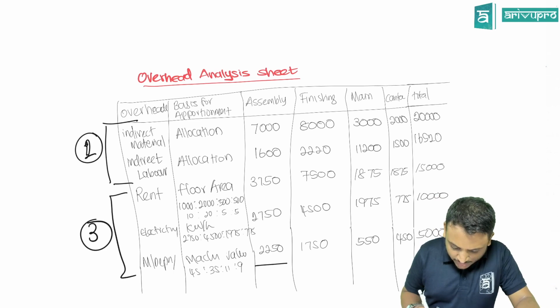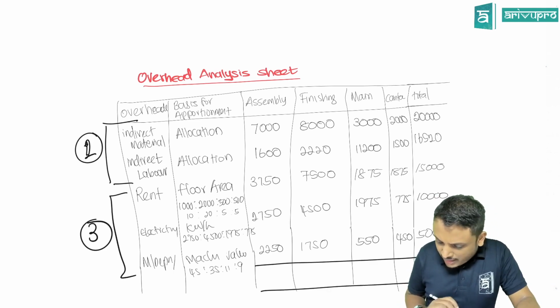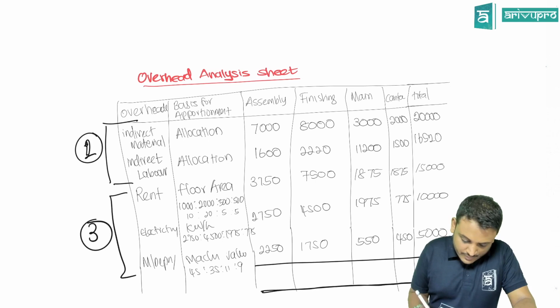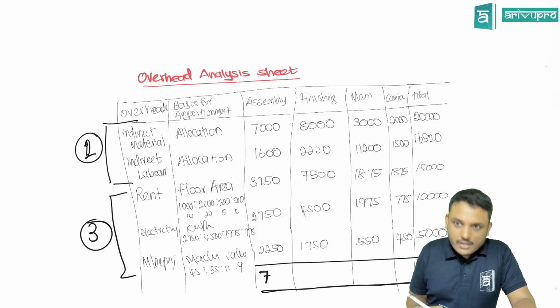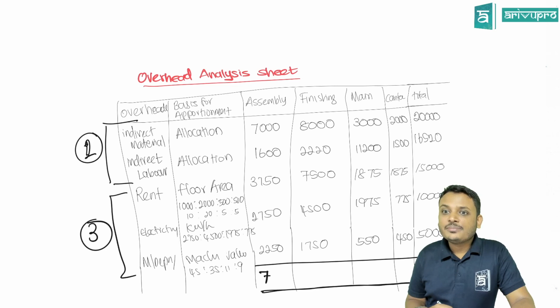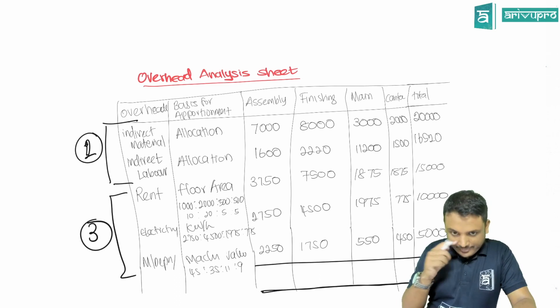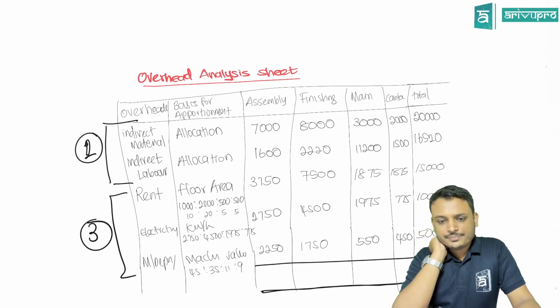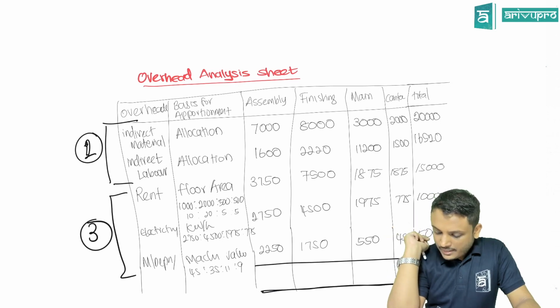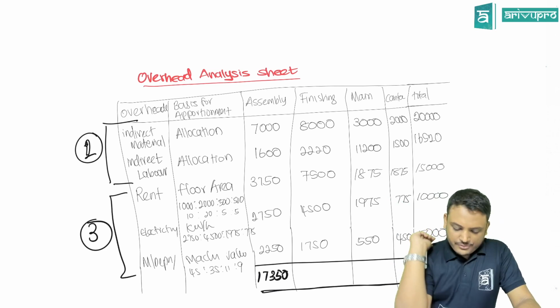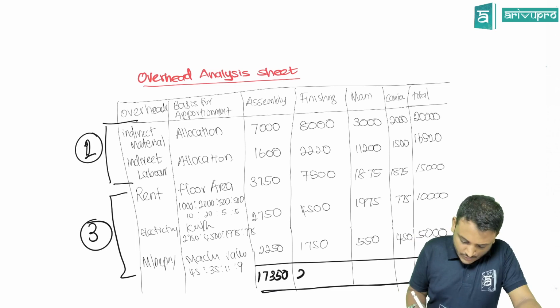Now let's make it the total. Assembly column, total how much? 17,350. Very good. And for finishing? 23,970.